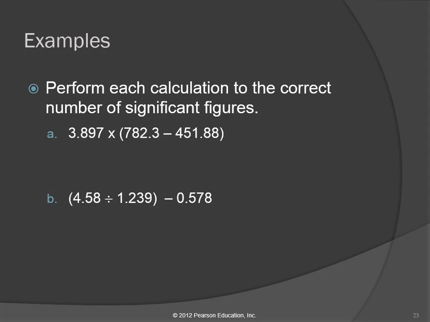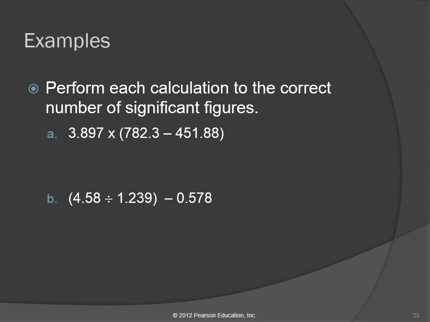So let's see how that works out. Here we have a problem that mixes multiplying and subtracting. The subtraction is in parentheses, and so that happens first, and then we multiply. I prefer to just do the math, write down what the calculator says, and then we'll look at what's going on with the sig figs.